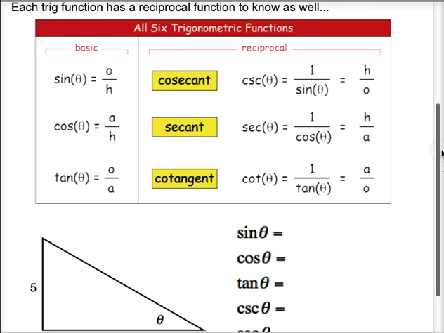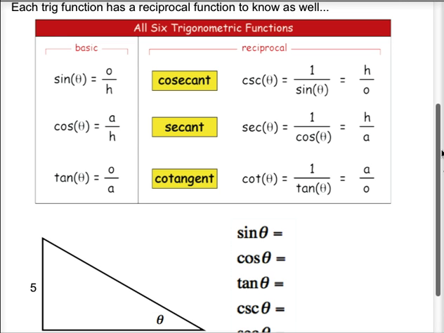All right, now something that you should be aware of. Looking at this, there are 3 other trigonometric ratios, things that I don't believe you probably covered in geometry. I have something called secant, cosecant, and cotangent.